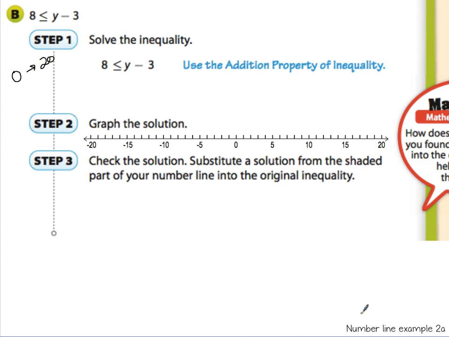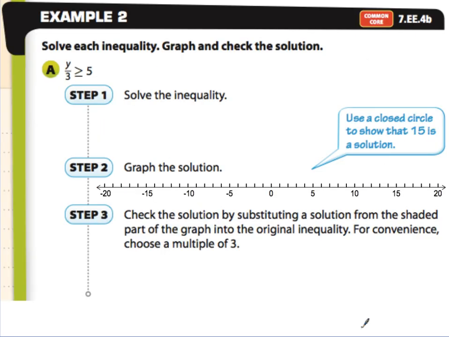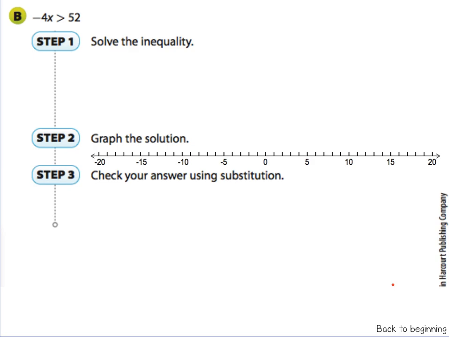Write that down, okay? Then you need to go to example 2a. Example 2a, your number line can be from 0 to 20. And then again, you're going to need one for 2b, and in 2b, yours can be from 0 to negative 20. All right, so I want you to pause and draw in those number lines, and then go back to the front, and when you're done, we'll go ahead and get started.